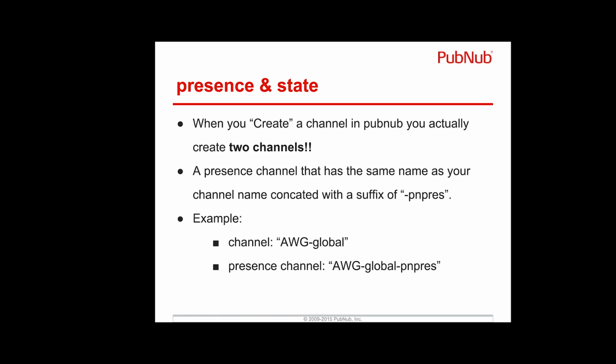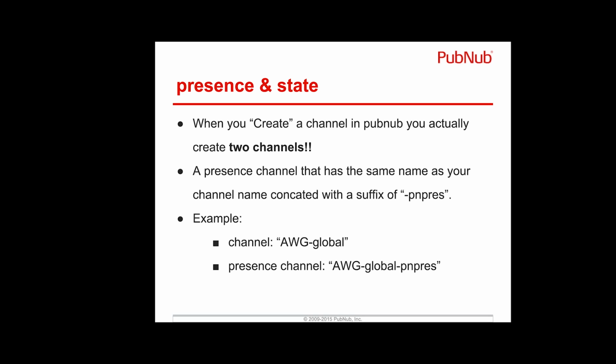All right. So, presence and state. PubNub offers a presence and state API. It's actually an add-on to the core PubSub capabilities, and it allows you to listen for join, leave, and timeout events on any channel.